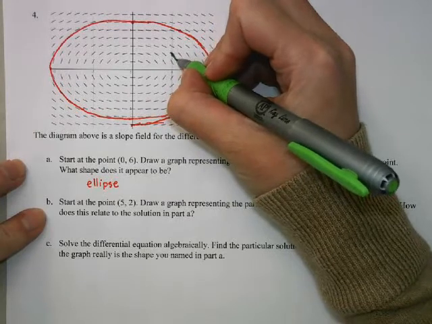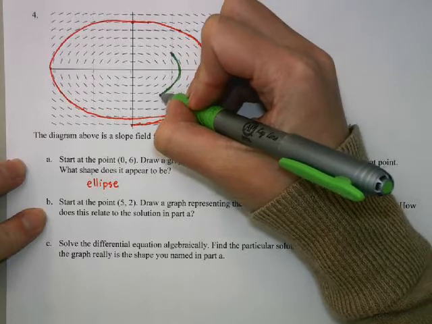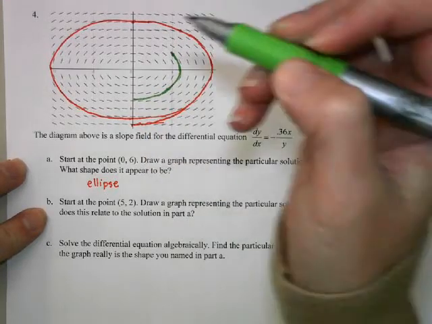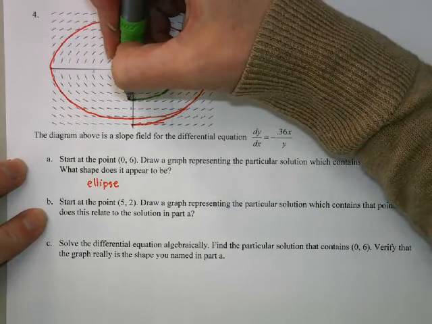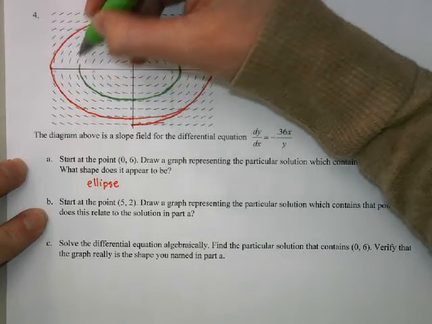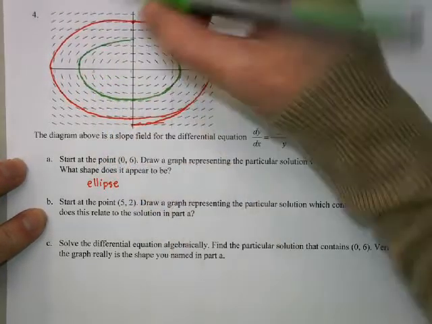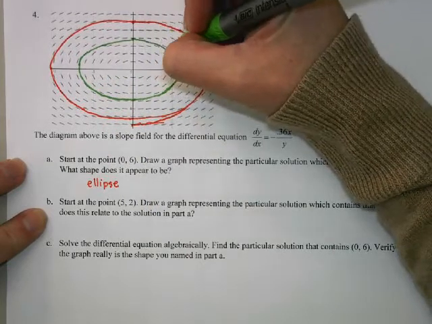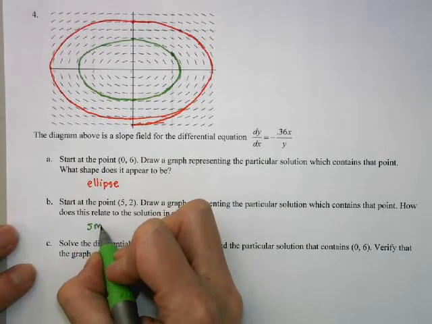So the slope is starting here, it's going to go vertical around there. Okay. So we get another ellipse, just a smaller ellipse.